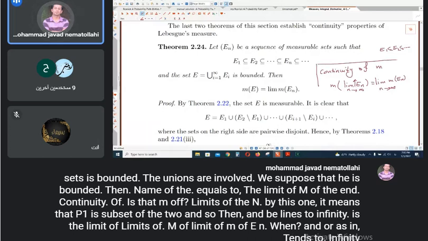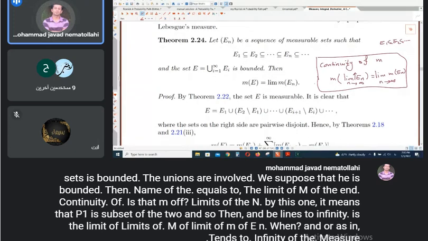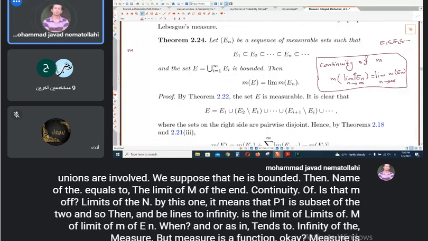Continuity of the measure. Because measure is a function, okay? Measure is a set function.